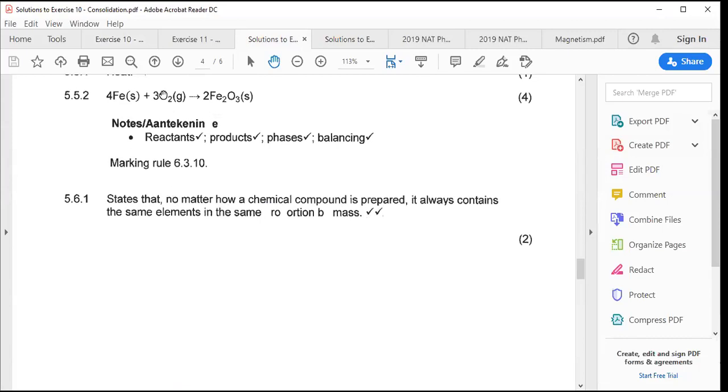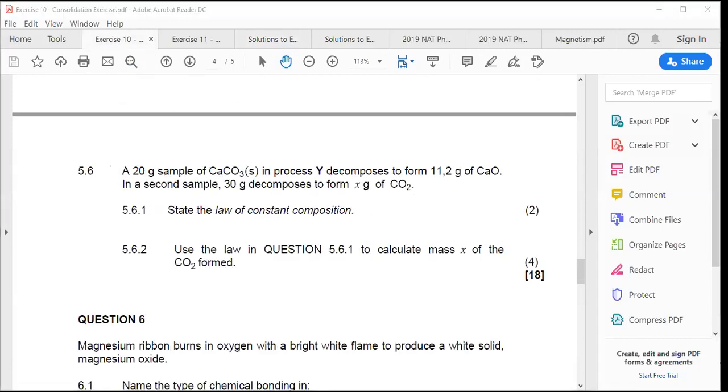So here we need the law of constant composition, so that's the ratio. The one that we spoke about with water, the ratio is always 2:1. If it's hydrogen peroxide, it's always 2:2. So that's what we are talking about.